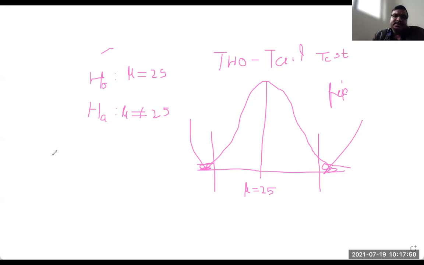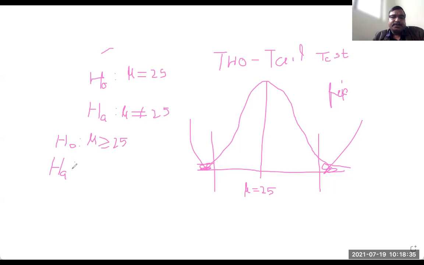Sometimes, let's say, the average speed of cars on the road is not less than 25. In that case, the speed not being less than 25 can be written as the null hypothesis H0: mu, the average speed, is greater than or equal to 25.